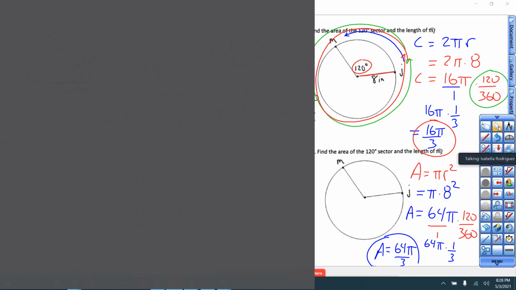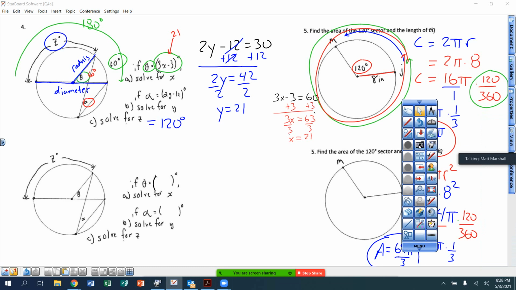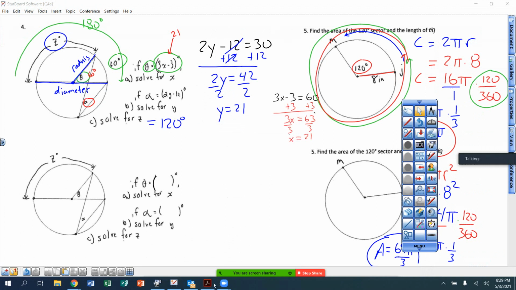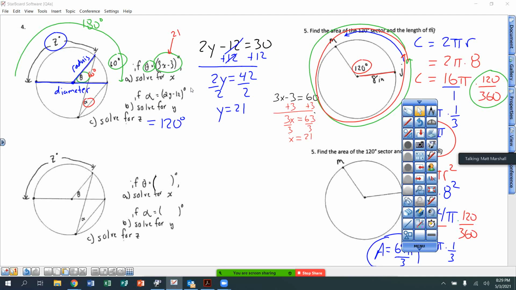I got 81 centimeters cubed. How did you get 81 centimeters cubed? I did it wrong. Oh, maybe I did. Let me take a look. I'm gonna take a snapshot of that problem, because that'll give me a chance to have you practice your scale factor too.